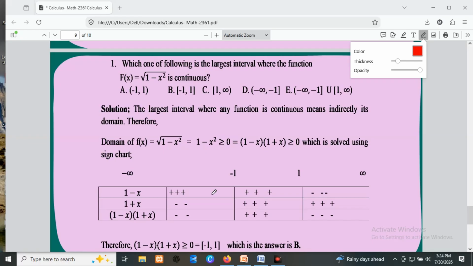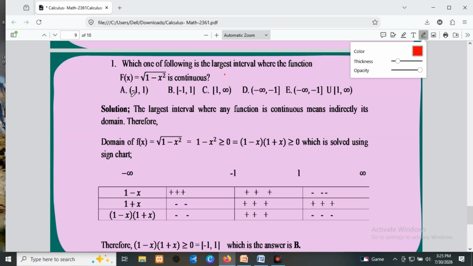Okay, let's continue. We have seen different examples to check the continuity of a function on different types of intervals. So I have brought two special examples to check whether you understood last week's video. This is the first example: which one of the following is the largest interval where the function f of x equals the square root of 1 minus x squared is continuous?